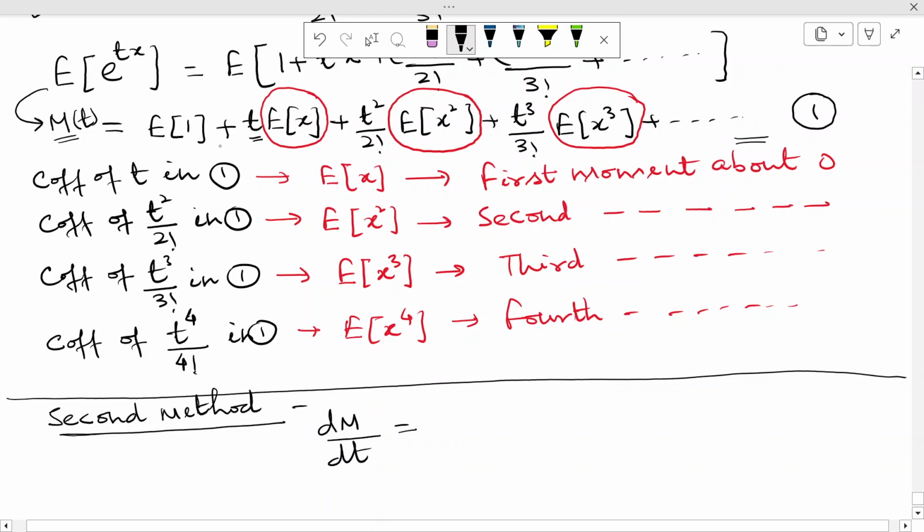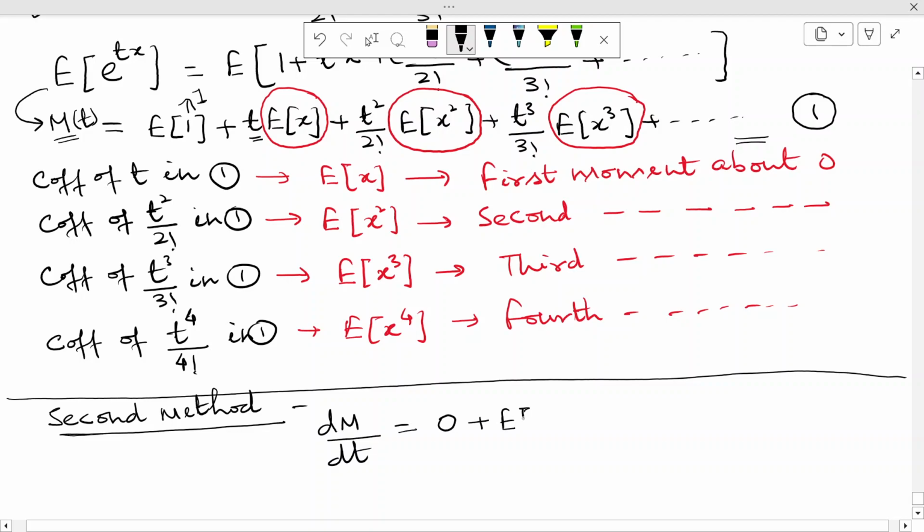So when you differentiate this with respect to t, the first term is expectation of 1, which is 1 itself, because we know that the expectation of a constant is the constant itself. So when you differentiate this 1 with respect to t, it will be 0 plus, now because we are differentiating with respect to t, the derivative of t with respect to t will be 1.